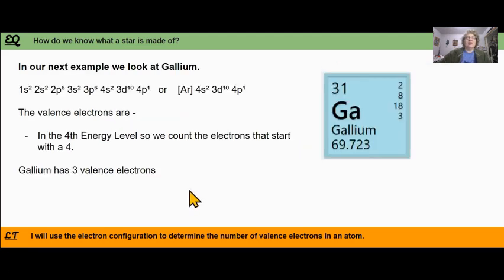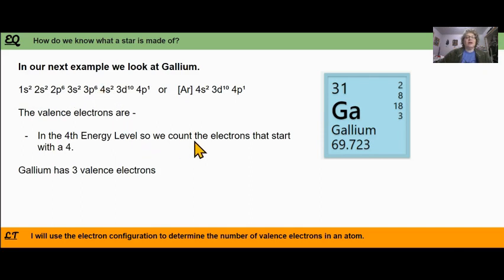Okay, let's look at another one. If our next one is gallium, okay, gallium has 1s2, 2s2, 2p6, 3s2, 3p6, 4s2, 3d10, and 4p1. So if we're looking at it, our last level is the 4th level, right? If we look, there's a 1, a 2, a 3, and a 4.